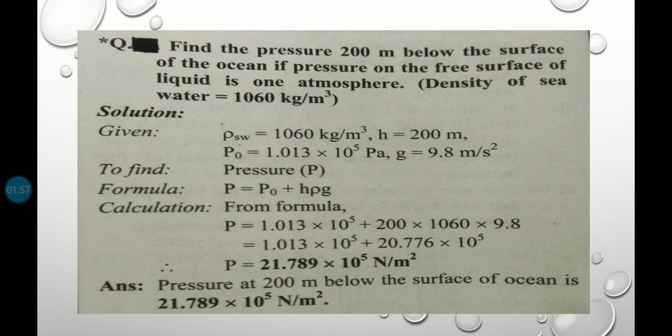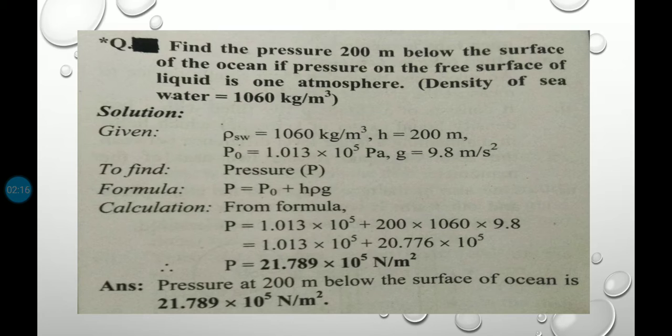The next problem is: find the pressure 200 meter below the surface of the ocean if the pressure on the free surface of the liquid is 1 atmosphere. The density of seawater is 1060 kg per meter cube.